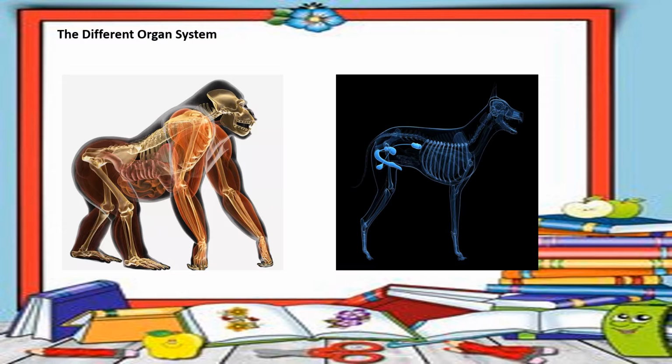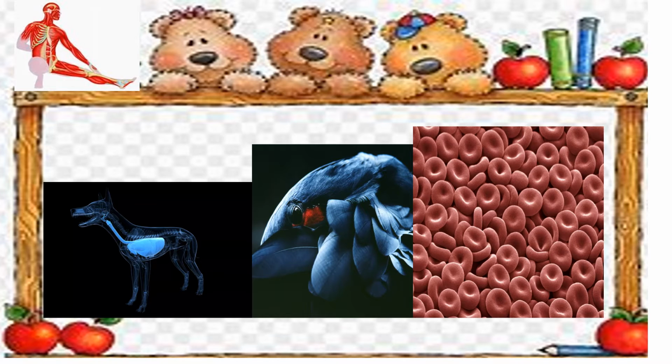So we have here the different organ systems. I hope you can still remember the organ systems in the human body or in living things. Okay, we have here another type, skeletal, and how about this one?